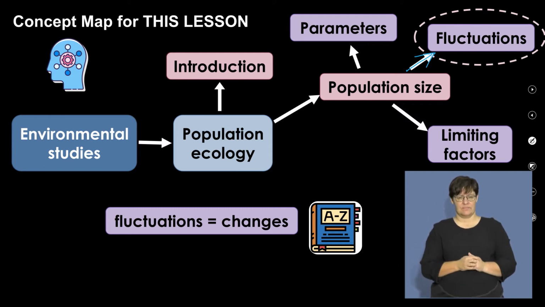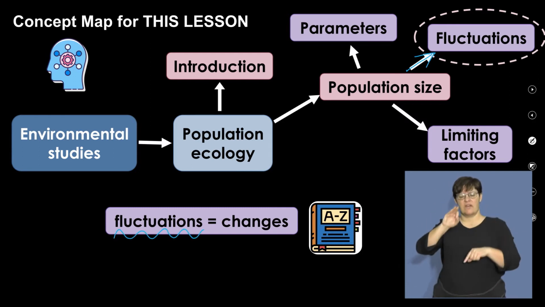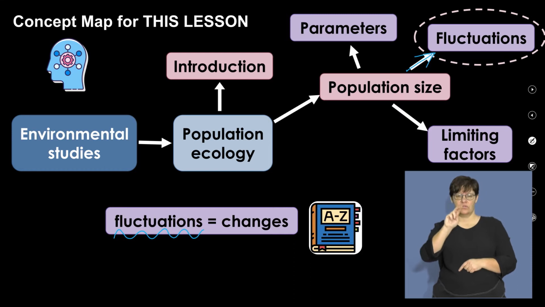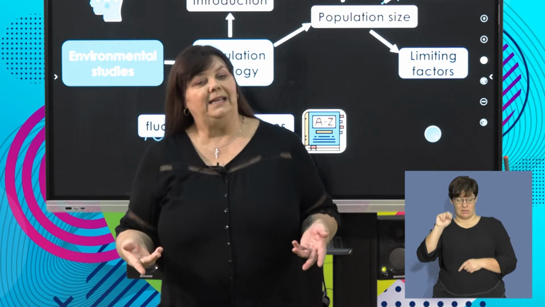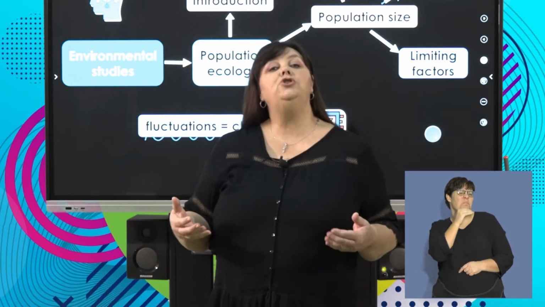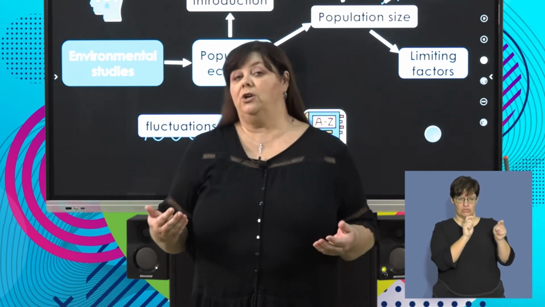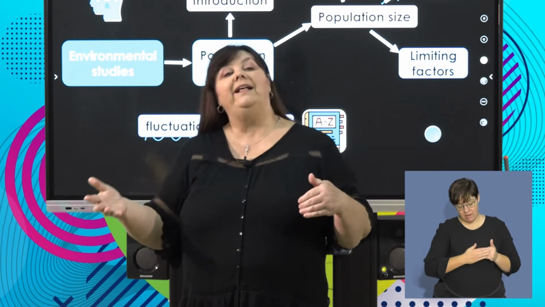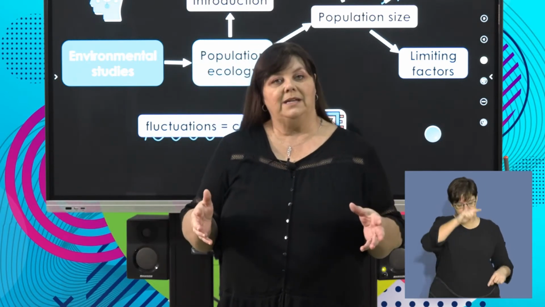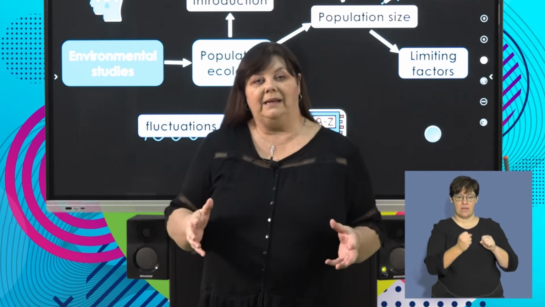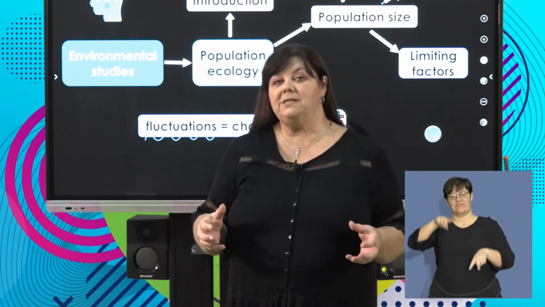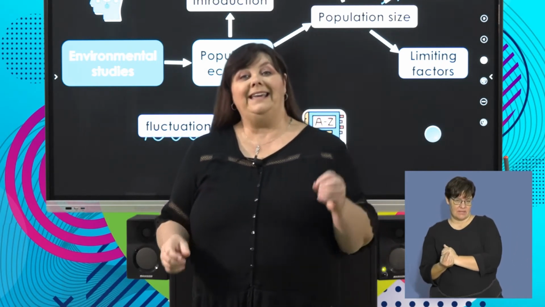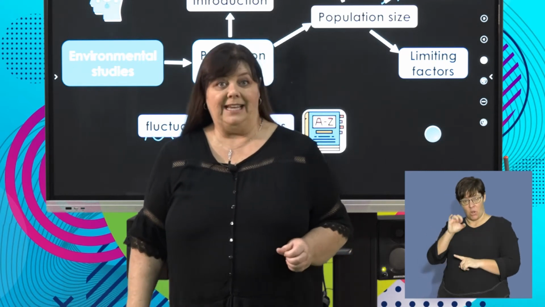So this word fluctuations, or for something to fluctuate in English, means to change. So as things happen over time, they fluctuate. And that same meaning of the word fluctuations can apply in population ecology as well.